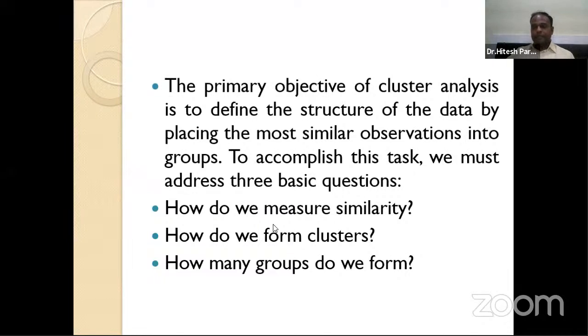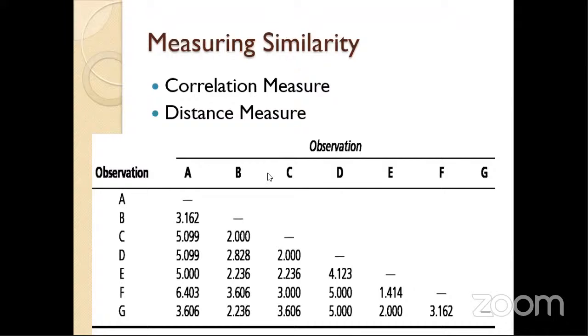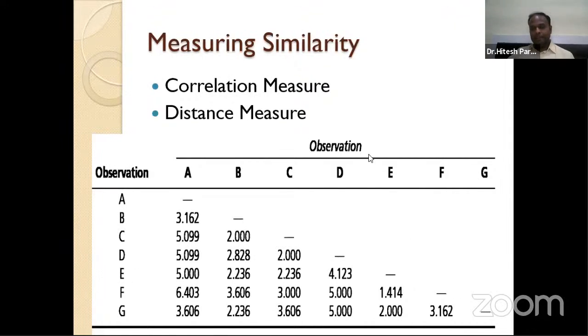So to understand this, first of all, this data is being converted into the distance matrix. So this is the distance matrix between the observations A to G. Do you understand the distance between A and B? It is 3.16. From A to C, the distance is 5.09.